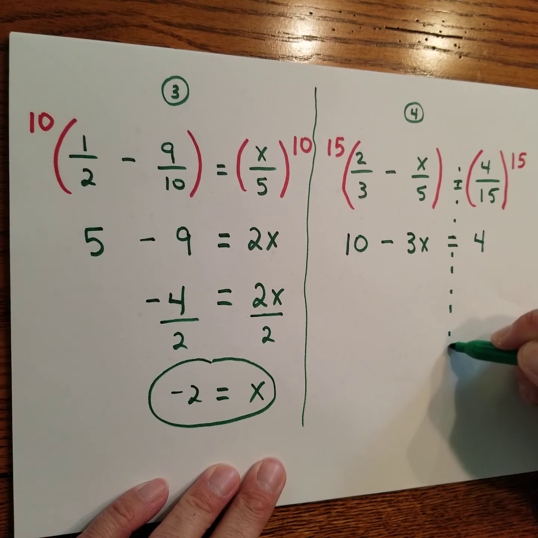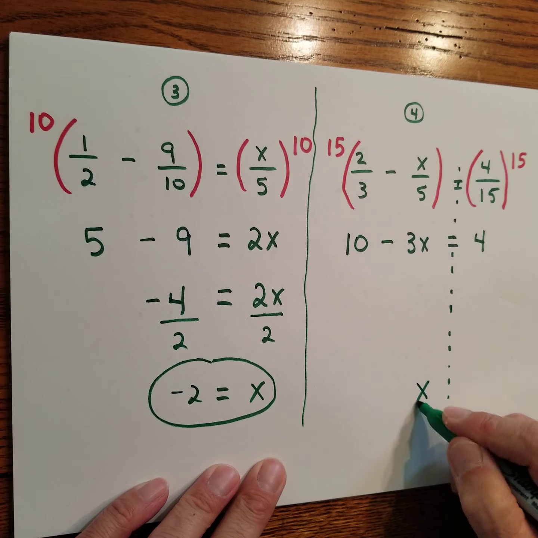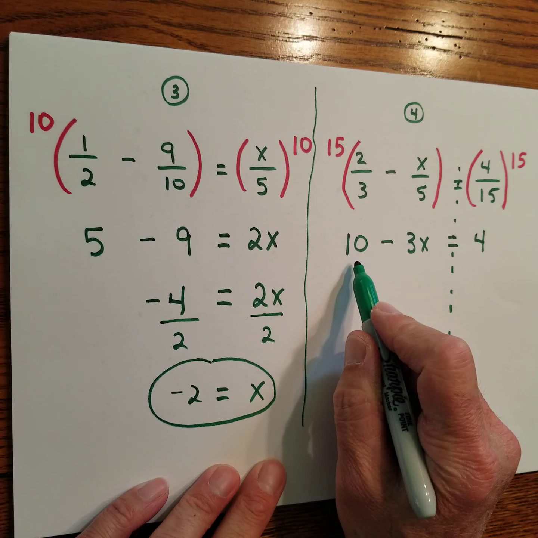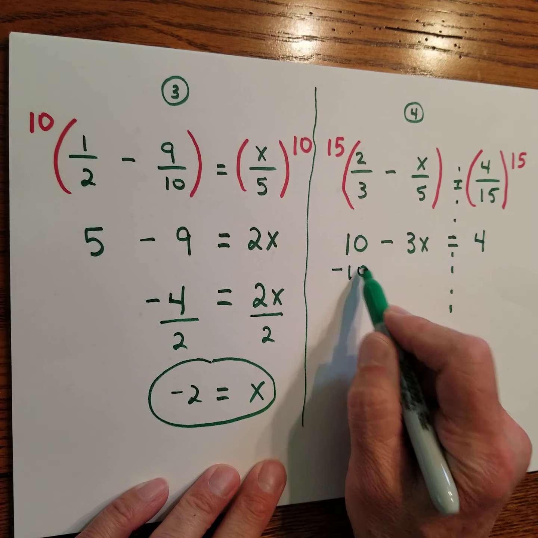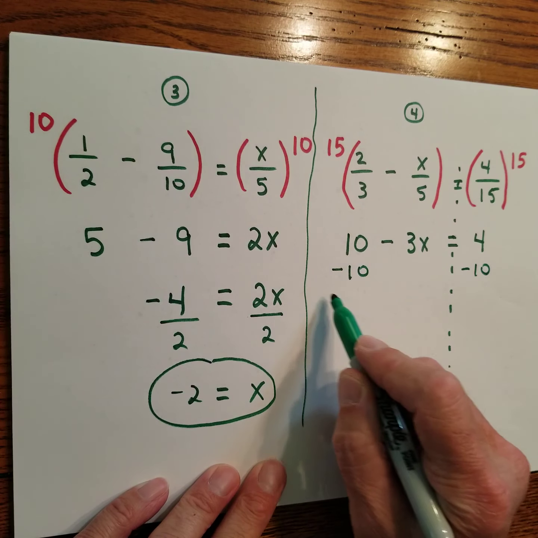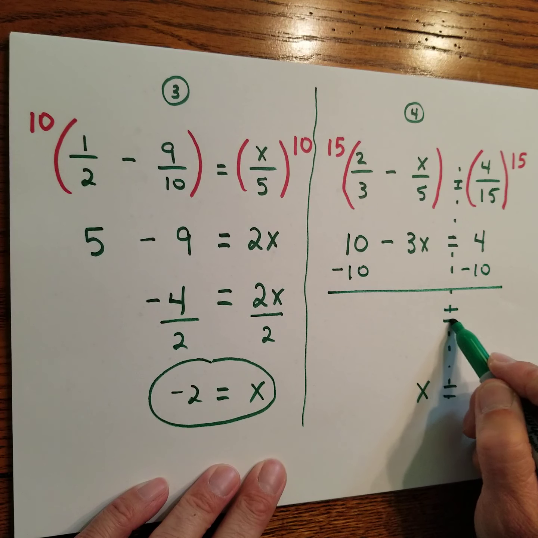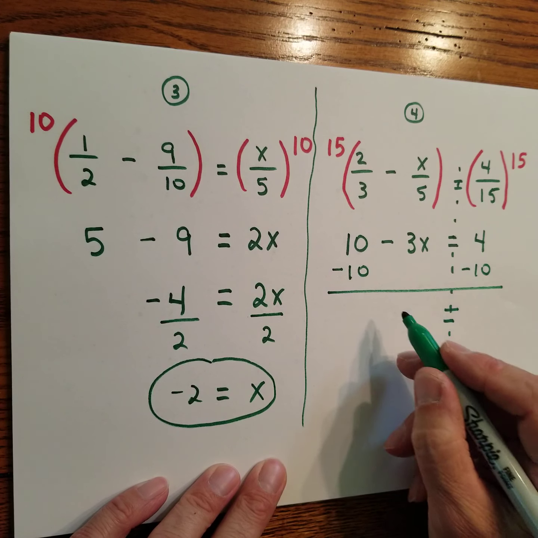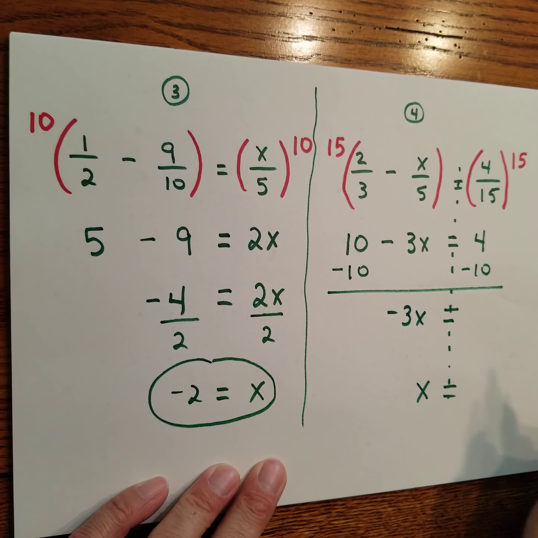Our job now, get x by itself. If I want x by itself, let's get rid of that 10. Get rid of a positive 10 with a negative 10. Positive 10 and negative 10 is 0 plus -3x.